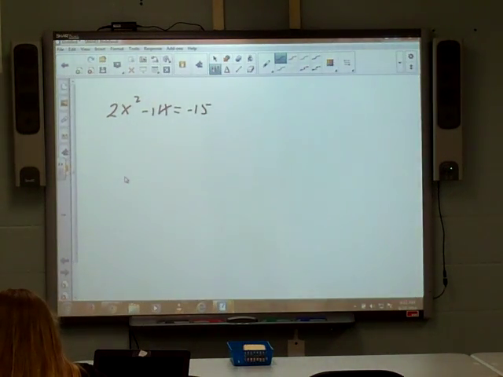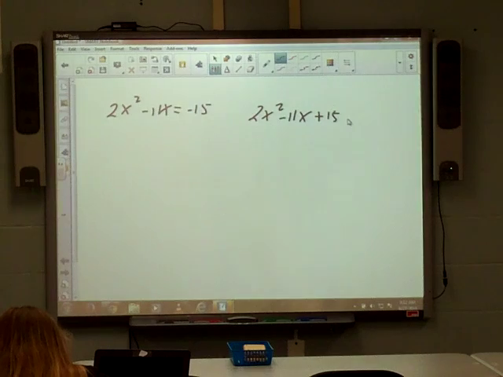It needs to be equal to 0, which means I need to turn a negative 15 into a 0. I don't have a magic 1, so what do? Very good, Courtney. I'm going to add it to both sides. So when I do that, I get 2x squared minus 11x plus 15 equals 0.